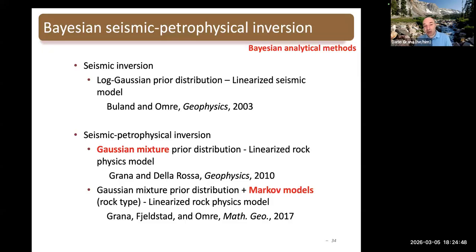We further developed this model by working with Henning Omre's team at NTNU in Trondheim, where we combined the Gaussian mixture model with Markov models and a linearized rock physics model. The idea is that in addition to predicting the spatial distribution of the petrophysical properties, we would also predict the rock type. So we would be able to tell which rock type we have and what the petrophysical properties in these rock types are.